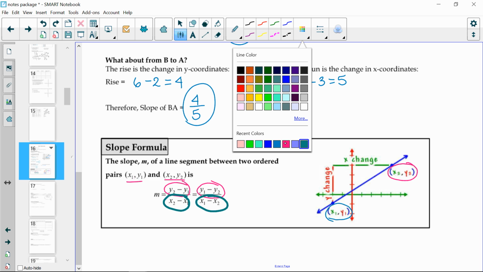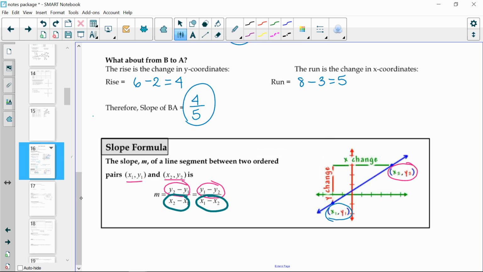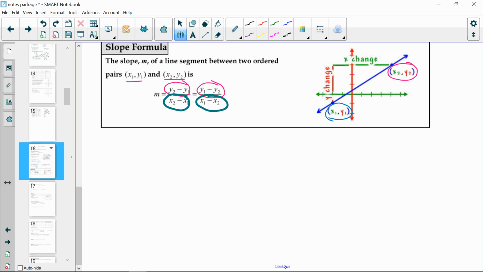So I typically write my slope formula as M equals y2, take away y1, over x2, take away x1. I just find it easier. I don't know why. I've been doing it like this for a really long time. I typically go from this point to this point, okay?